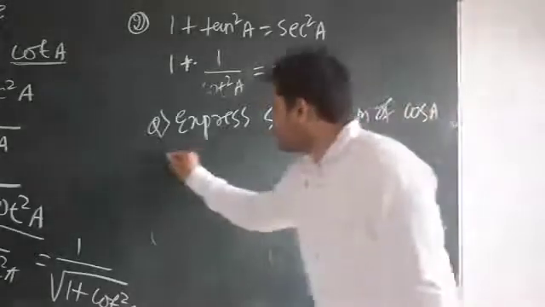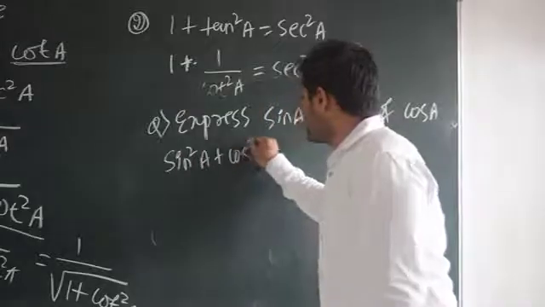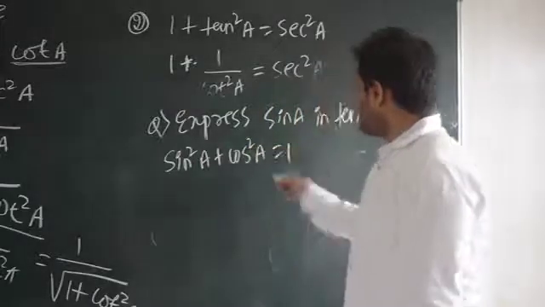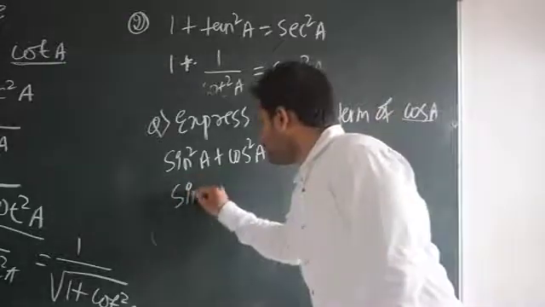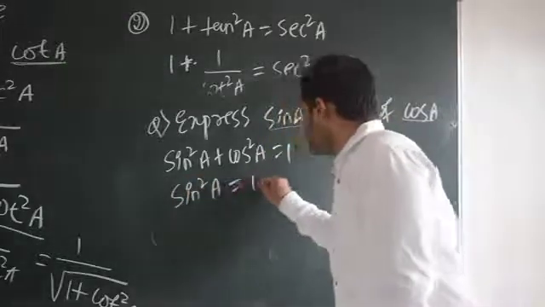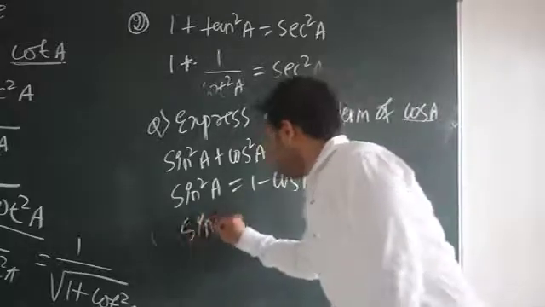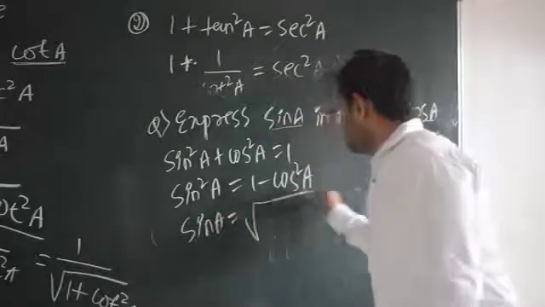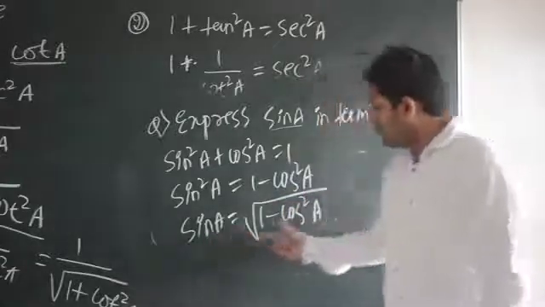You can write sine square A plus cos square A is equal to 1. Then sine square A is equal to 1 minus cos square A. Then sine A is equal to under root 1 minus cos square A, which is sine A in terms of cos A.